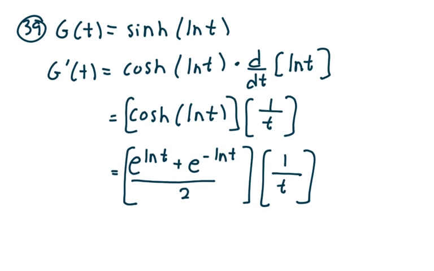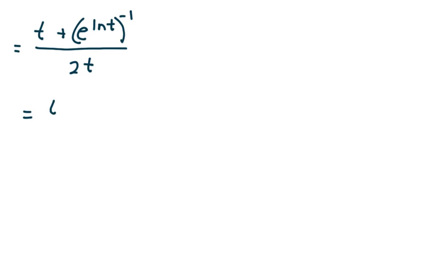Okay, so we're going to do a little bit of simplifying here. So this is t plus e to the natural log of t raised to the negative 1, divided by 2t, which is equal to t plus t to the negative 1 divided by 2t. Now multiply numerator and denominator by t, and I want you to notice what happens. t times t is t squared, right? t to the negative 1 times t is 1.